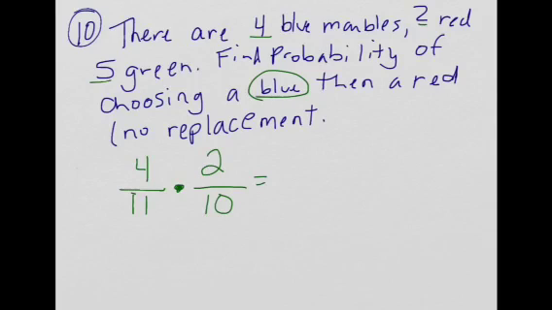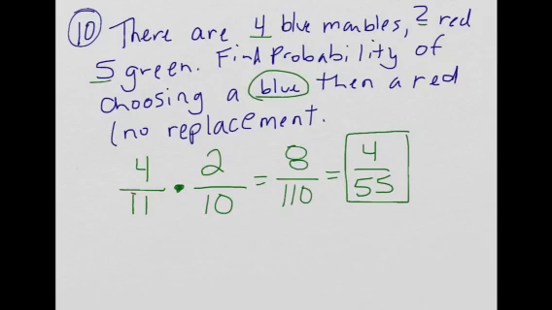So we're going to go ahead and multiply straight across, and that's going to give us 8 over 110. And of course we're going to simplify that, and that simplifies to 4 over 55. And that's going to be our probability using a fraction.